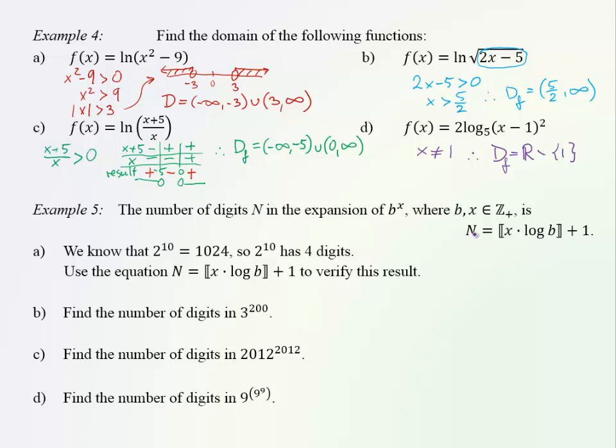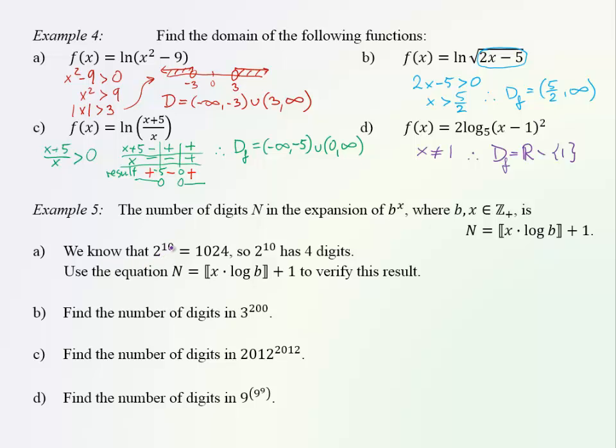So to find out the number of digits in the expansion of this b to the x number, it's enough to take the greatest integer of x, the exponent, times log with base 10 of b, take the greatest integer of this, and add 1. So, that's an interesting formula, especially for very large numbers, when we are really unable to even calculate, but we can still predict how many digits it will have.